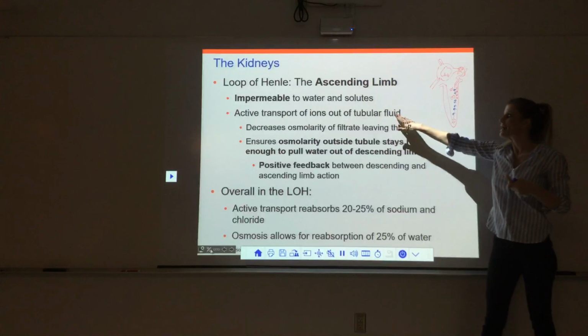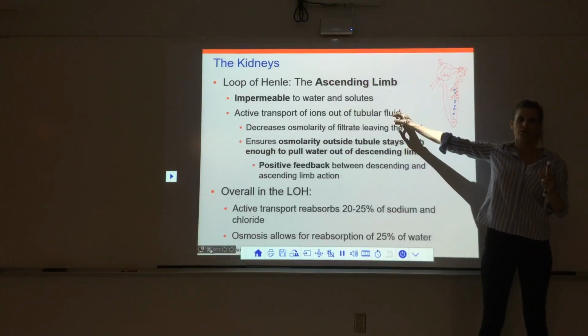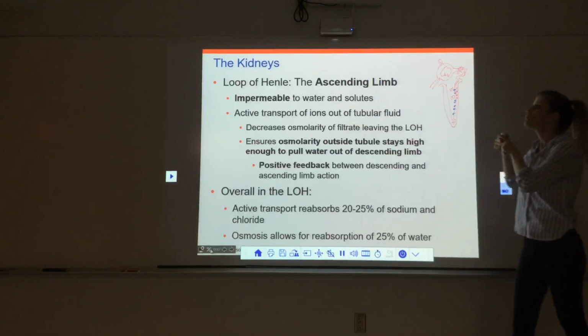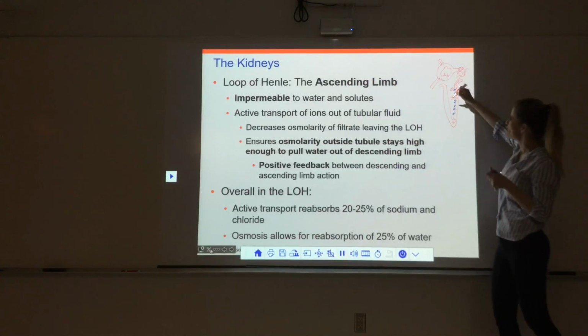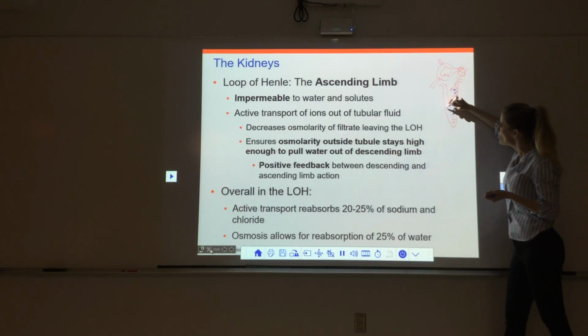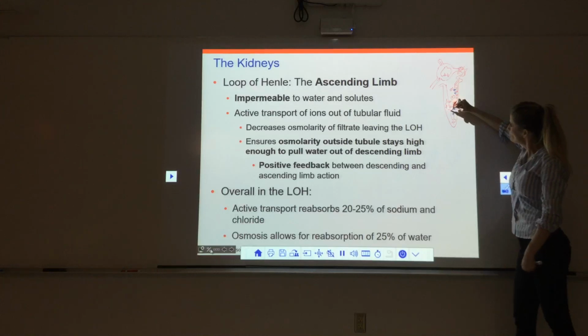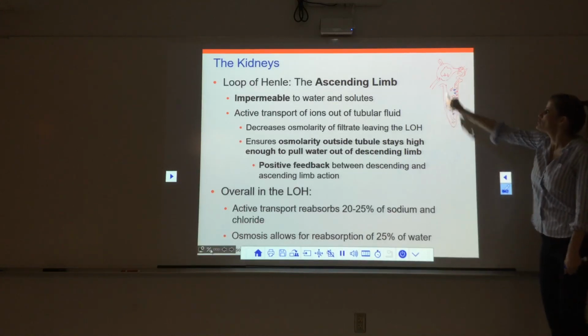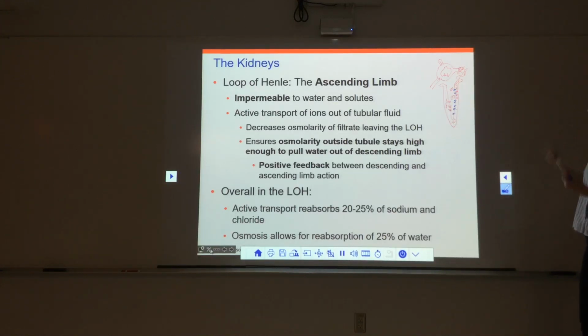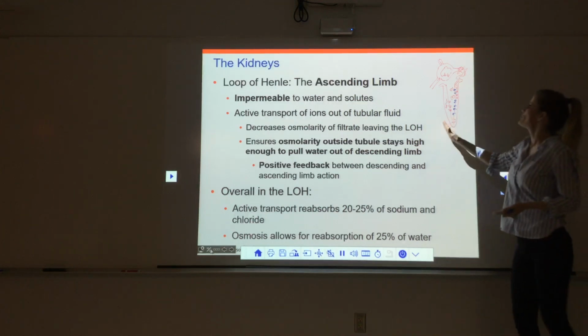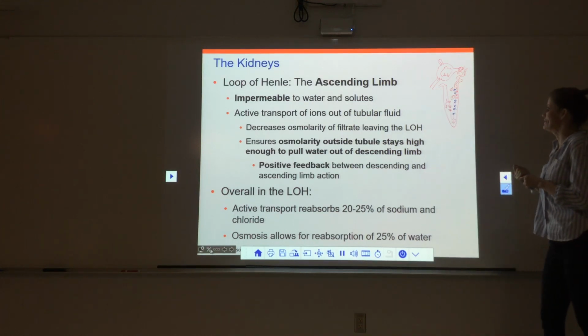However, we do have active transporters present. So in the ascending limb, we have active transporters that will pump ions, mostly sodium and chloride, actively out of the tube. So sodium and chloride are actively reabsorbed as we go up the ascending limb.